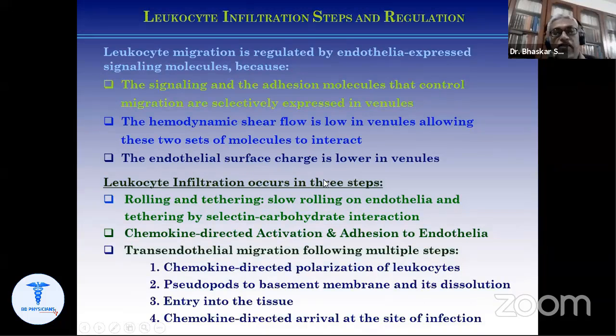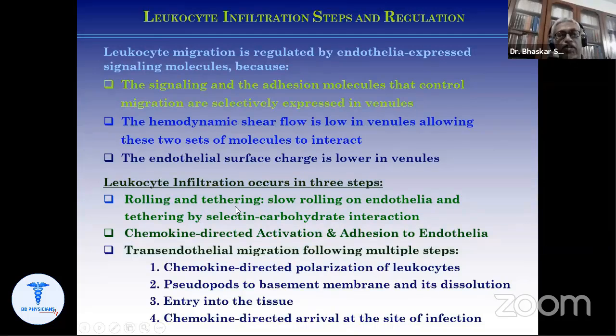The endothelial surface charge is also lower in venules, and therefore the negative repulsion is not there. So basically what happens as a result, the rolling leukocytes can actually afford to tether, and that is why we see this leukocyte infiltration in three different steps.